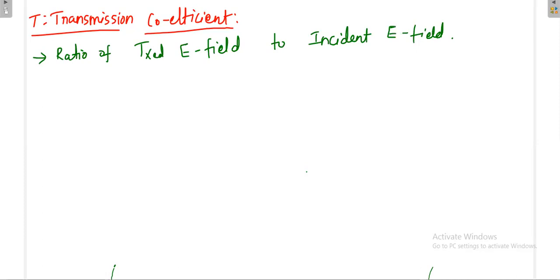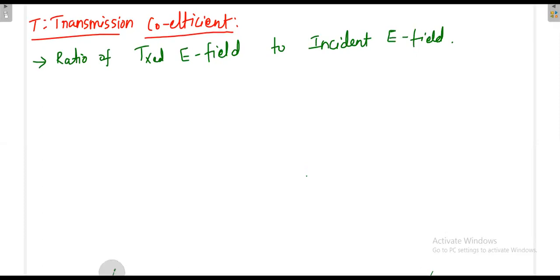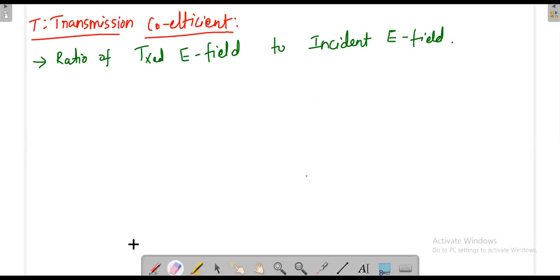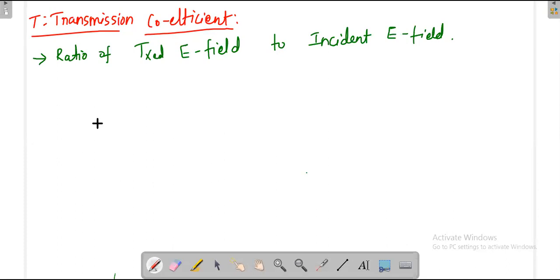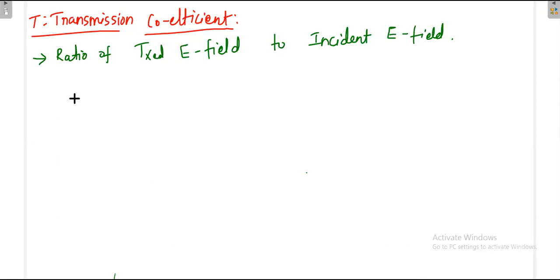So the transmission coefficient T is equal to Et naught divided by Ei naught, that is equal to 2 eta 1 divided by eta 2 plus eta 1.